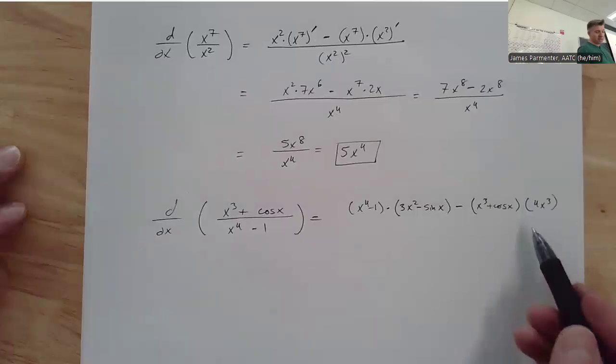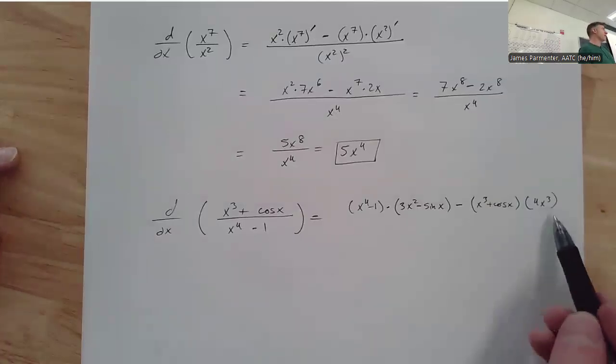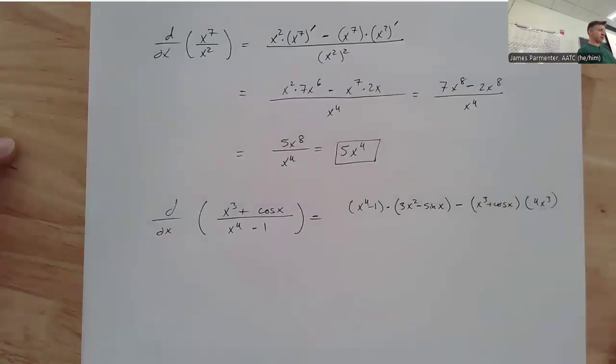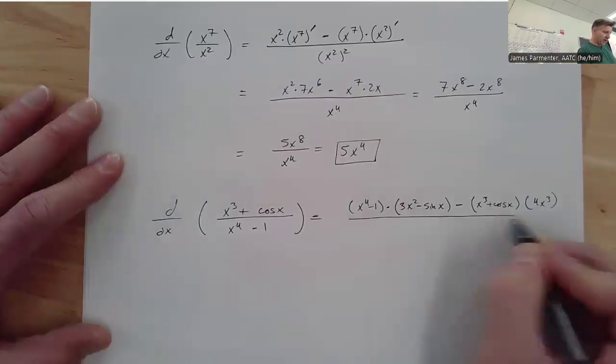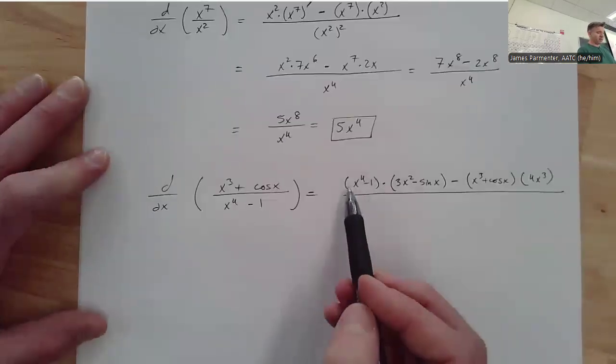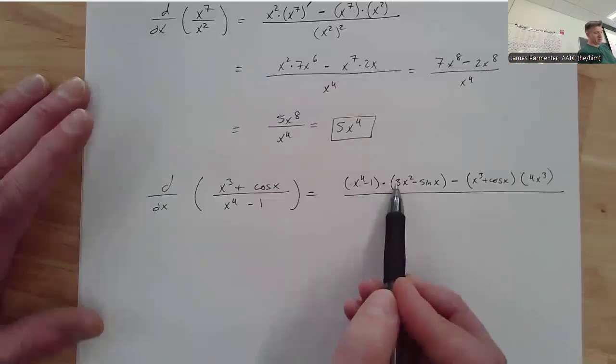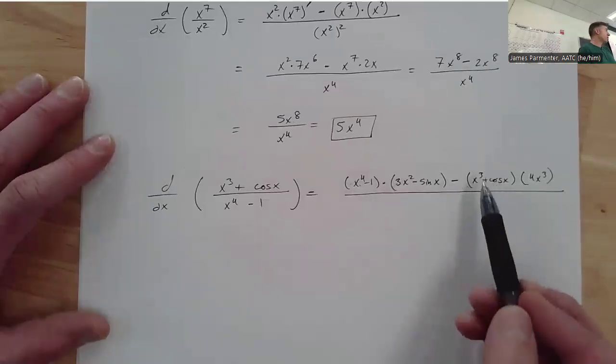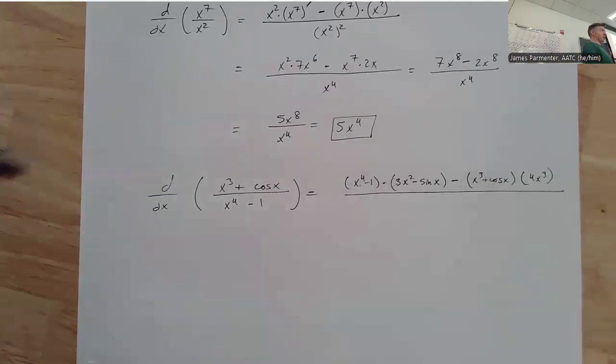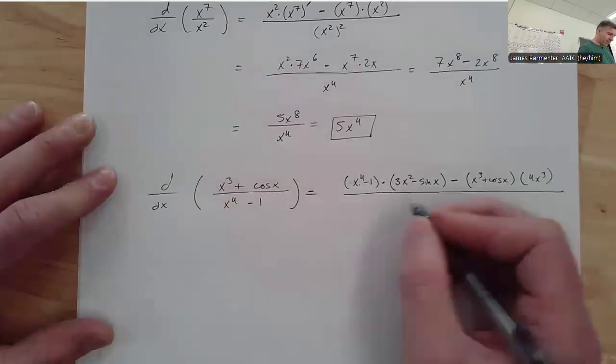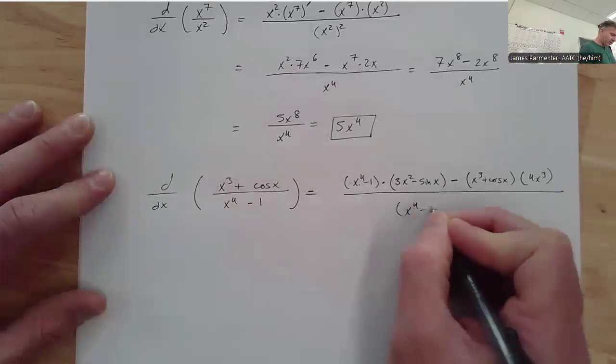Technically I didn't need to write parentheses around 4x cubed, but it's not a bad idea to write parentheses around each of these things. If you don't write parentheses around the x to the fourth minus 1 or the 3x squared minus sine x or the x cubed plus cosine x, it is wrong because you're not getting the multiplication in the right spot. And then finally, divided by x to the fourth minus 1 squared.